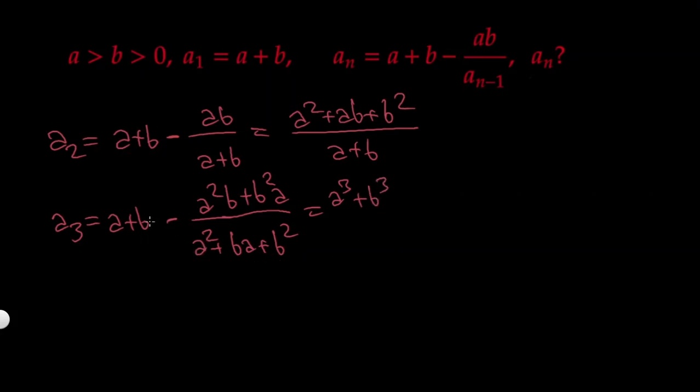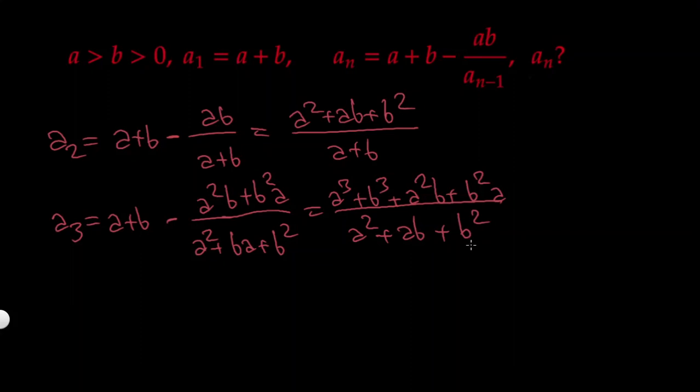Here I have a squared b and minus a squared b, so they will cancel. Same for the ab squareds, and I will have only one of them left, a squared b plus b squared a. And at the denominator, I just have a squared plus ab.